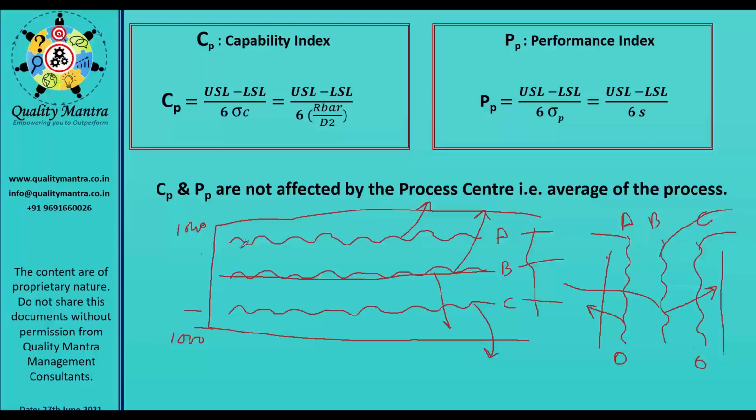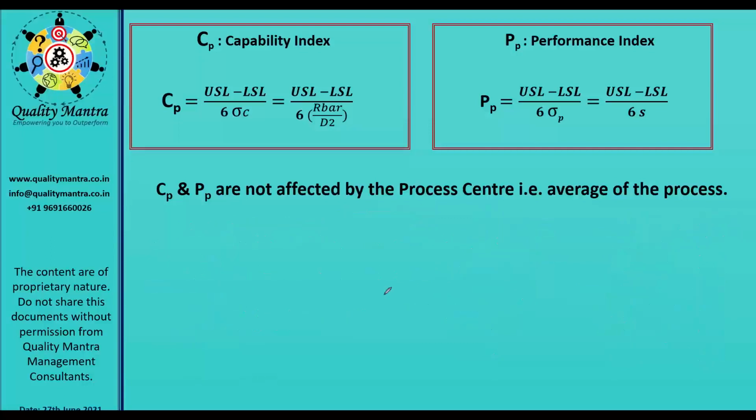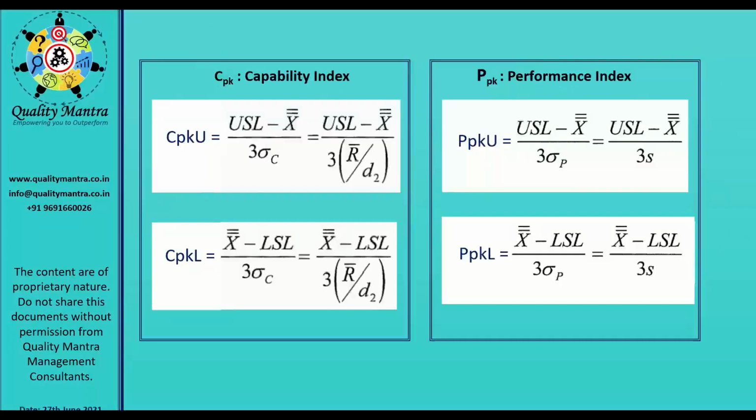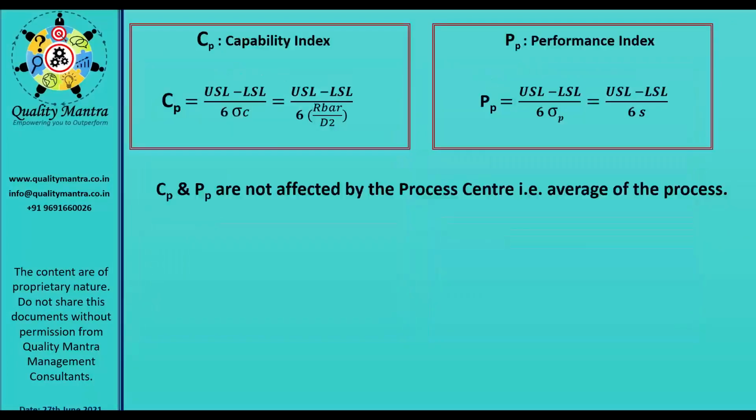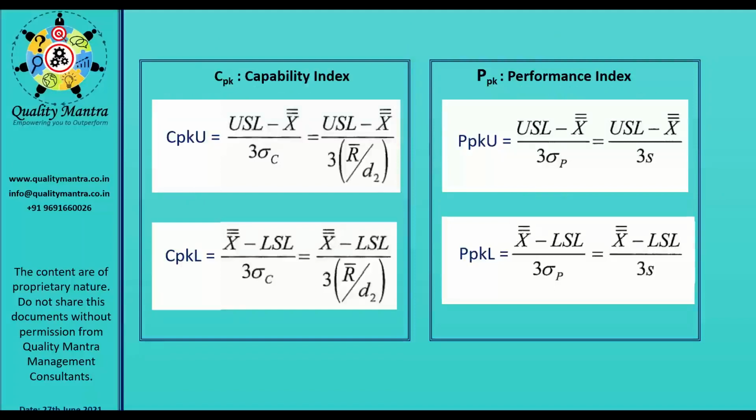That is where the role of CPK and PPK comes in. So the capability index which takes care of the centering of the process is CPK and PPK. Normally, CP and PP are called performance indices, and CPK and PPK are also called capability and performance indices.